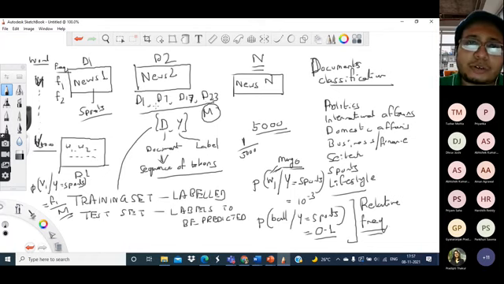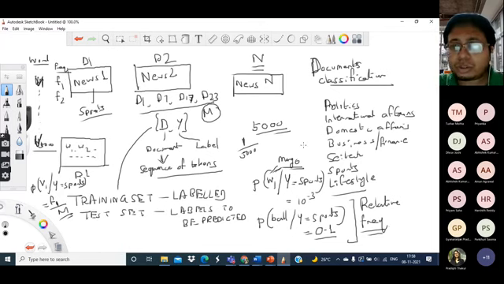Because M is the total number of words or tokens present in these 4 documents. So F1 by M is the probability of the word V1 under the topic sports. Similarly, V2 will have some probability, V3 will have some probability, and so on. That way, all the words in the vocabulary will have certain probabilities under each of these topics.